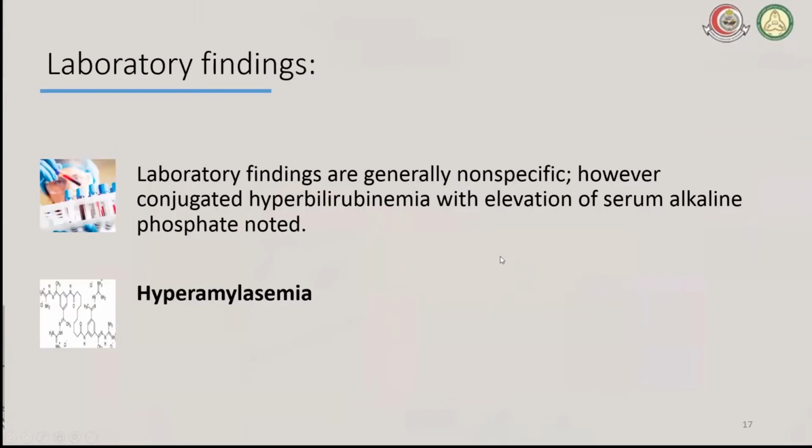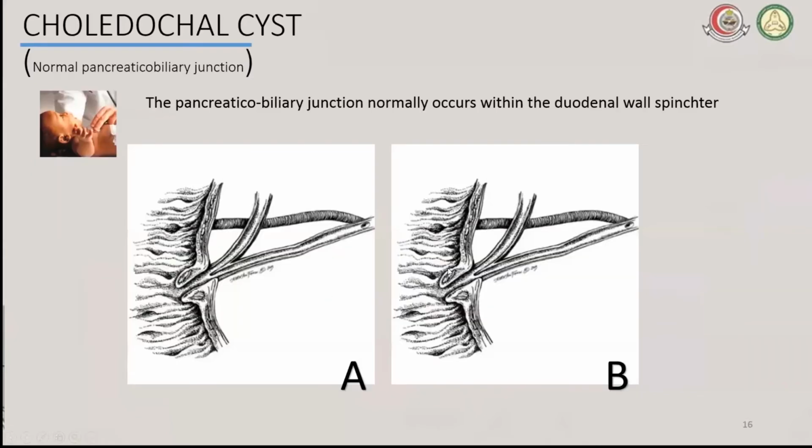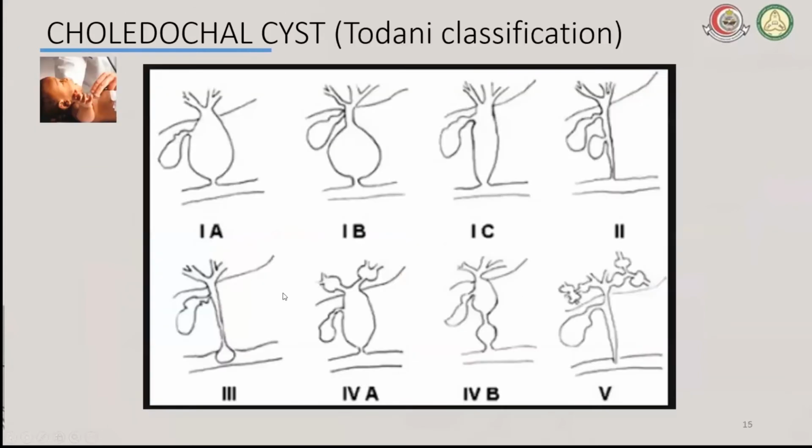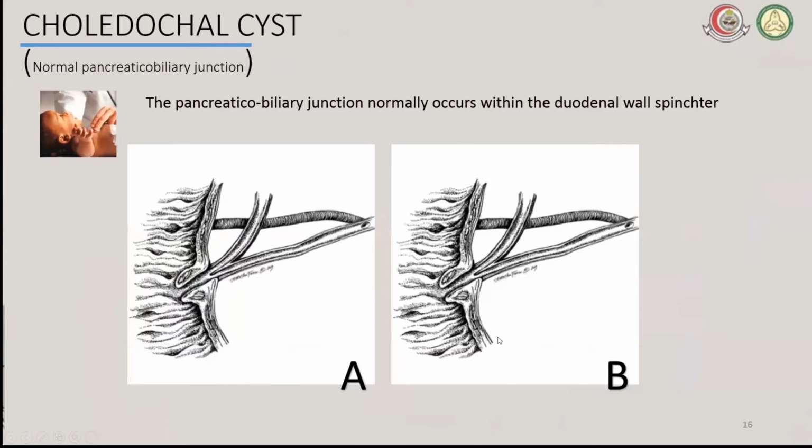As we said before, the laboratory findings are non-specific unless it is late and affecting the liver with recurrent cholangitis. And if we believe in Babbitt's theory, there is also evidence that it is true.